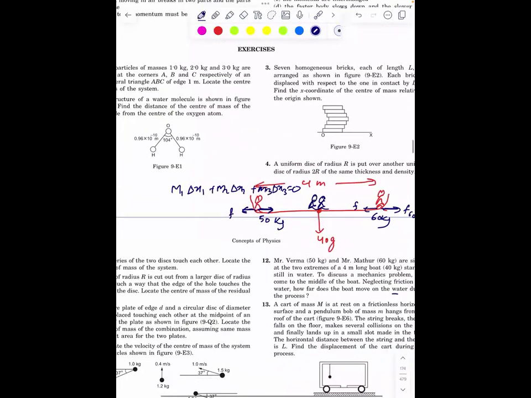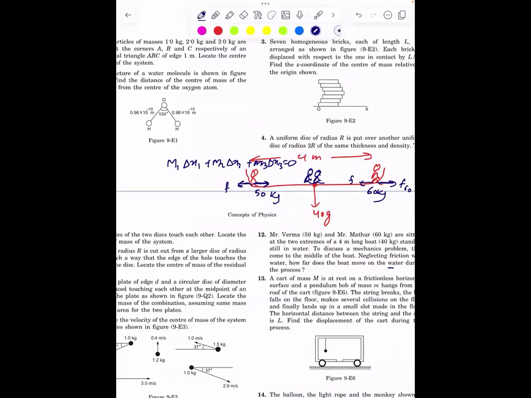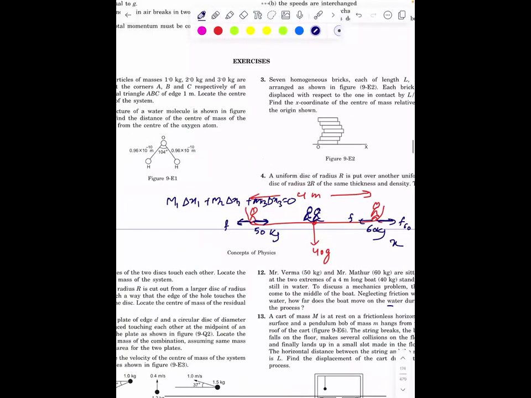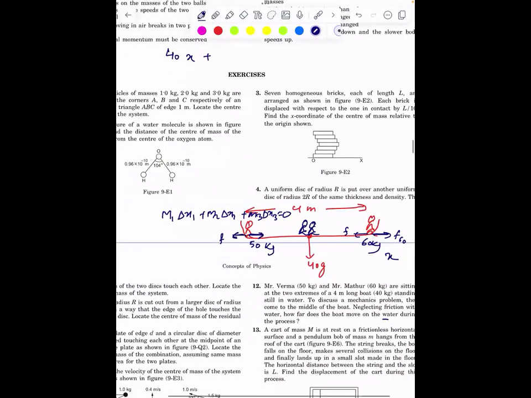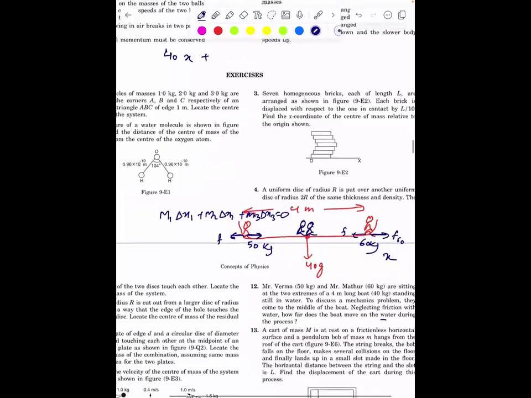Suppose when the boat is moving toward right by x, can I write mass of boat is 40 and right x? Change in position of the boat is x, yes or no? Now, this 50 kg has to move how much distance, guys? So 2 plus x, very good. Why 2 plus x? Because the boat is moving to the right, so he has to move a larger distance.